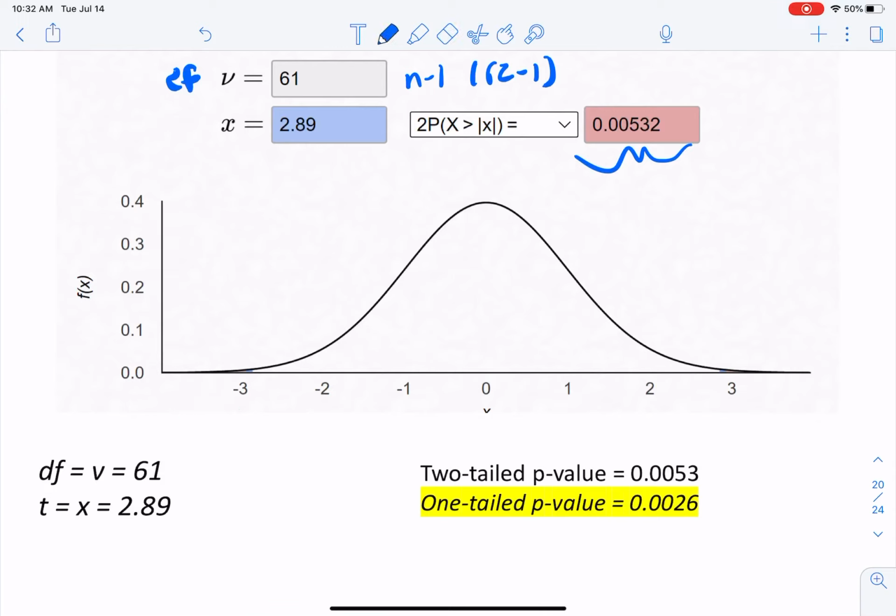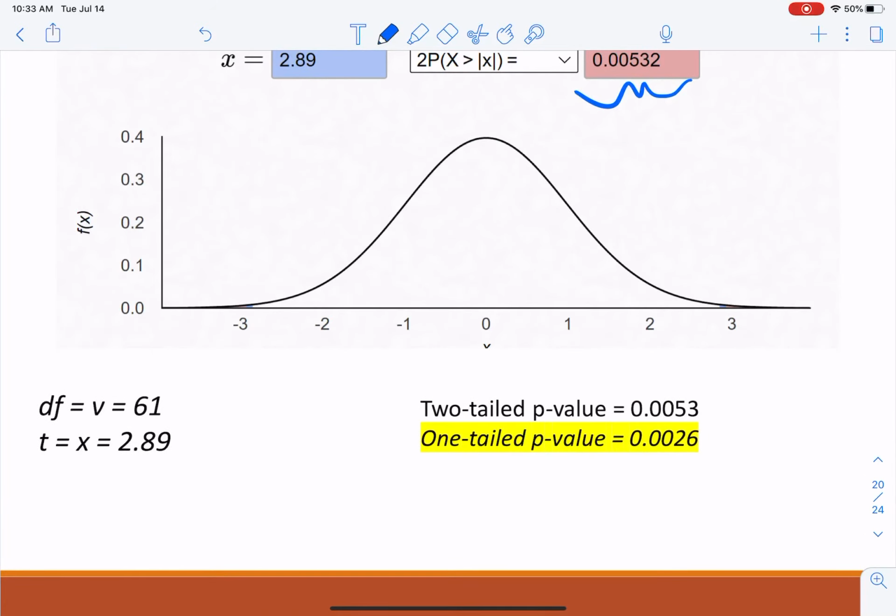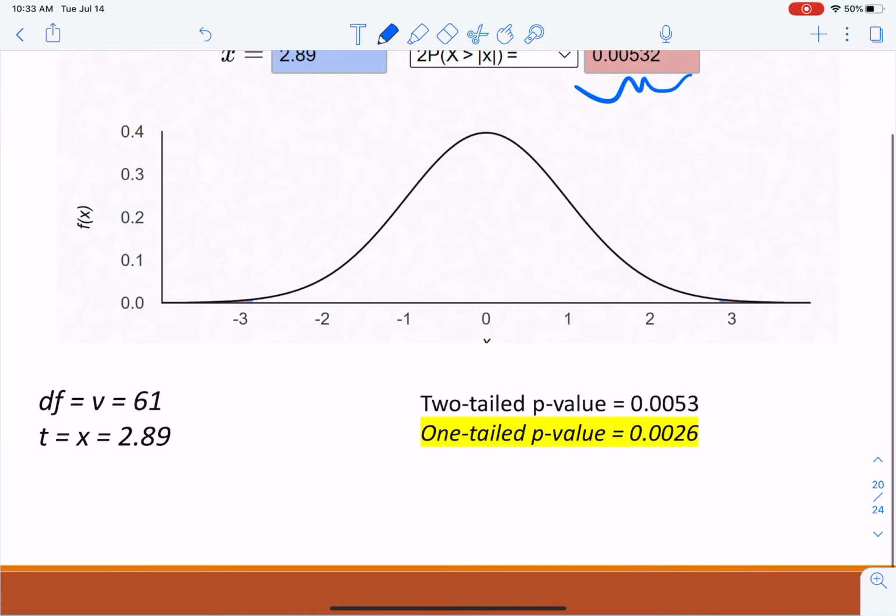We only care about this direction, so we only need one of these tails. There are 2 tails, so we divide by 2, cutting that area in half. Okay, cool. So it turns out that the one-tailed p-value is 0.0026.